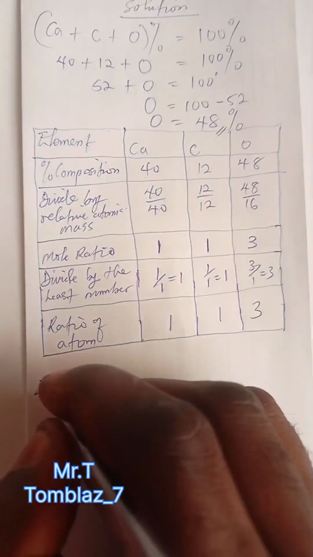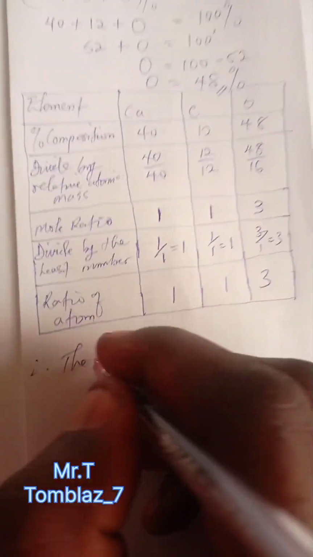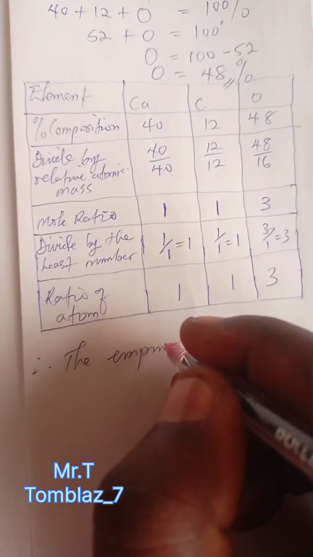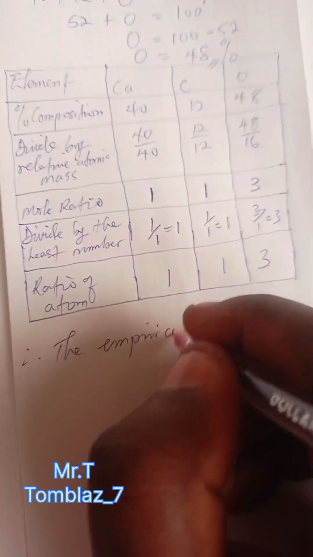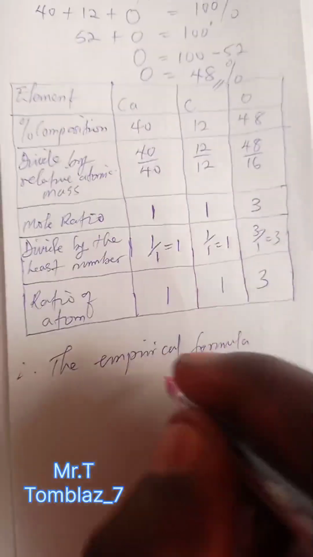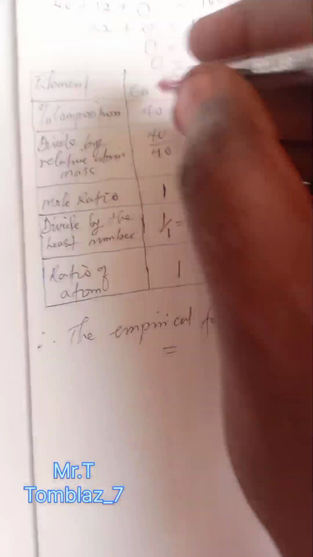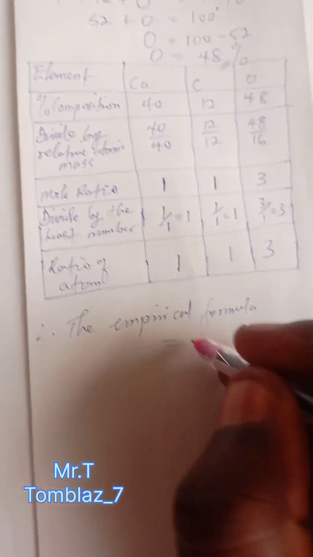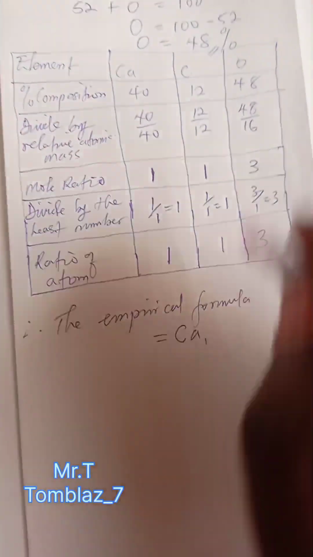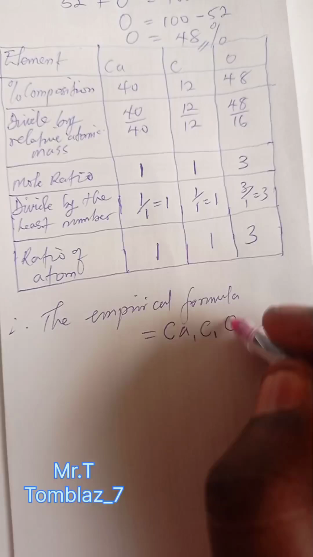So therefore, the empirical formula is going to give us, for Ca to be having 1, for C to be having 1, for oxygen to be having 3.